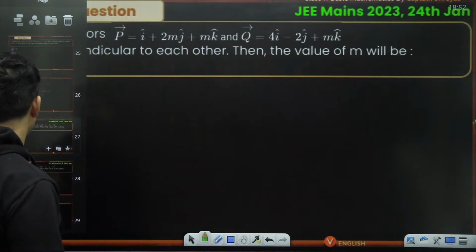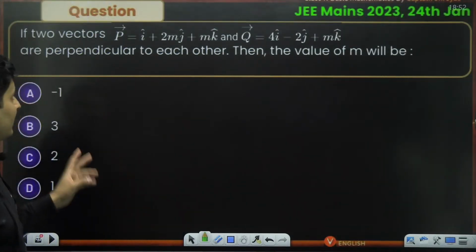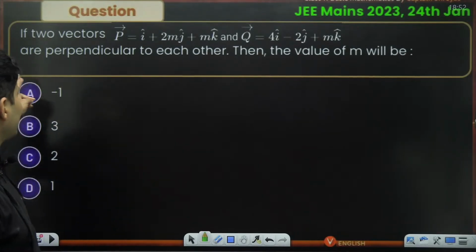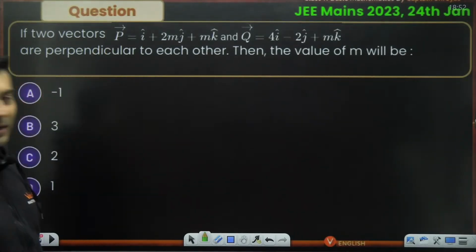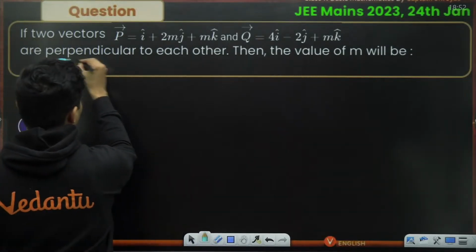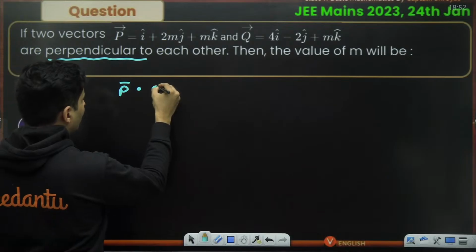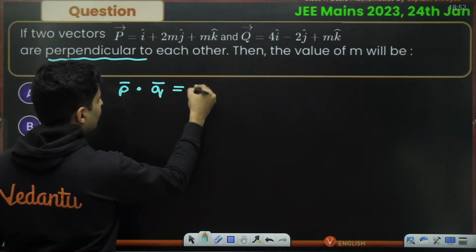Moving on to another question coming up on your screen. These two vectors are perpendicular to each other. Then what is the value of m? I just gave you something called the perpendicularity test. If the vectors are perpendicular, then their dot product is 0.